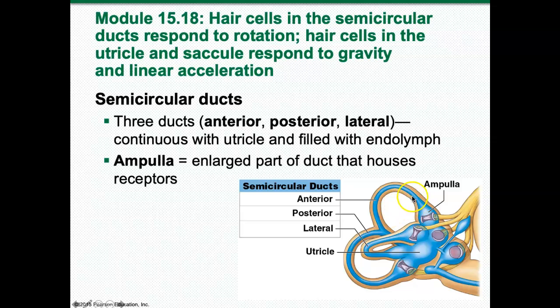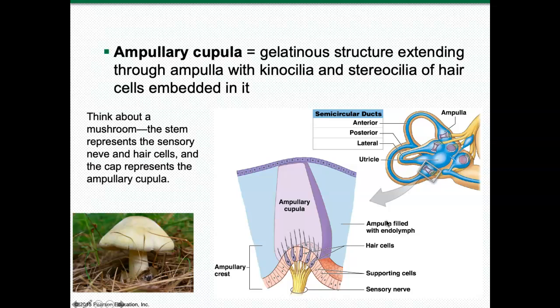But at the base of each semicircular canal is what's called an ampulla, and that's where the sensory receptors are, inside that ampulla. That ampulla is a gelatinous structure, and it has hair cells in there. So you can see those hair cells.